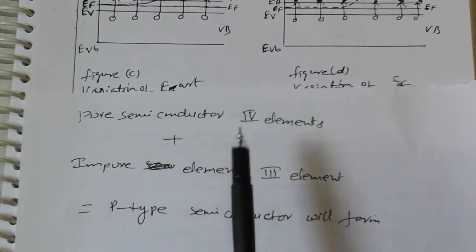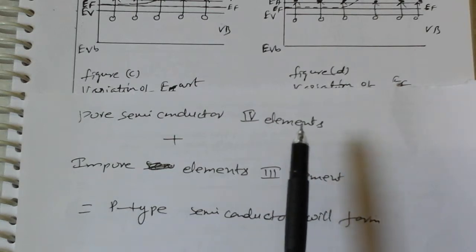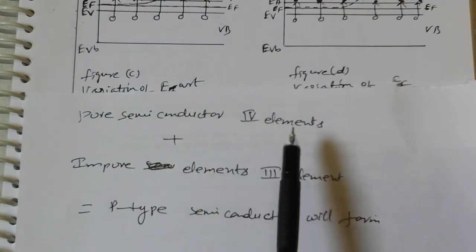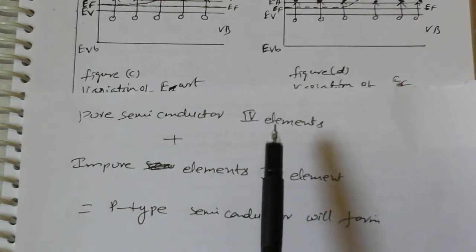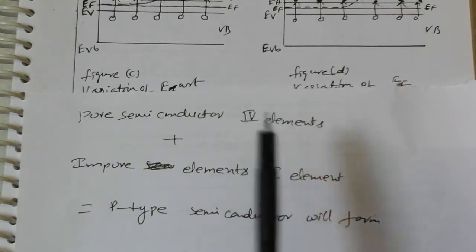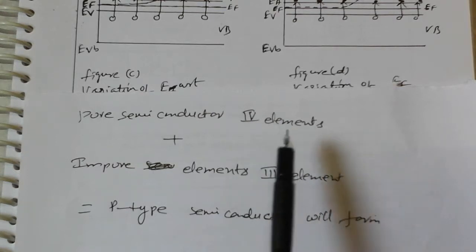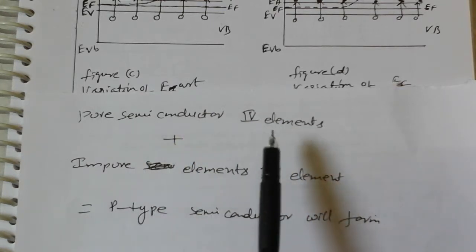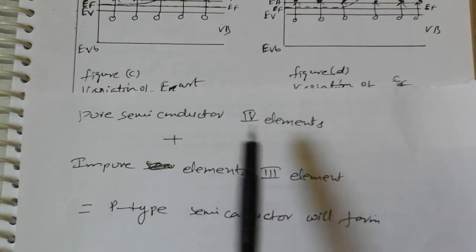A pure semiconductor, meaning an intrinsic semiconductor, is made of fourth group elements. So fourth group elements are called pure semiconductor material.